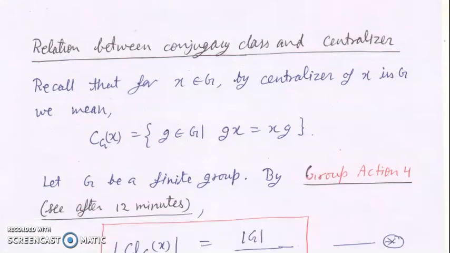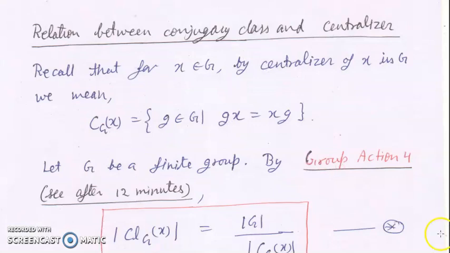Now let us see the relation between conjugacy class and centralizer. So recall that the centralizer of an element x is defined as g in G such that gx is equal to xg. It means the collection of all those elements which commute with x.